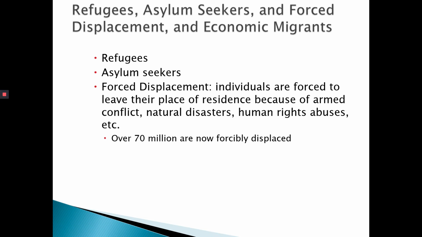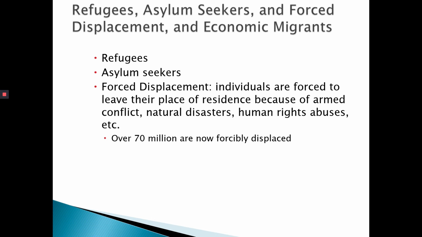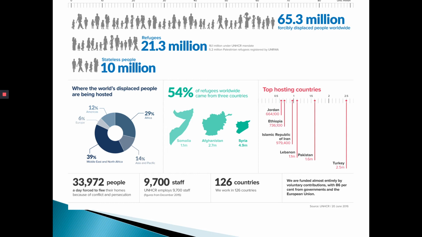And right now there are over 70 million individuals being forcibly displaced. So if we look around the world, most of the individuals seeking assistance are those who are forcibly displaced, followed by the refugees, as well as the stateless individuals.